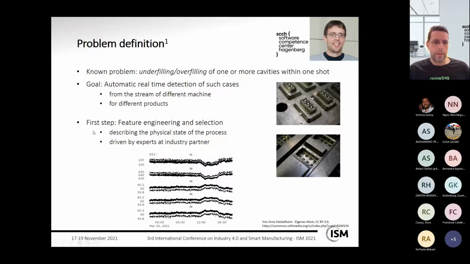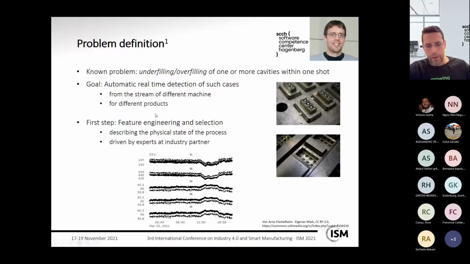The first step in this work was feature engineering and selection, which was most of all driven by the experts at company side, and we ended up with five feature streams, of which the experts were confident that observations of multidimensional outliers within these five data streams point directly to exactly this problem state.